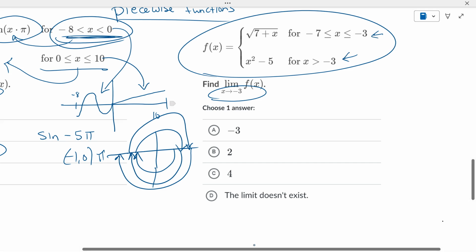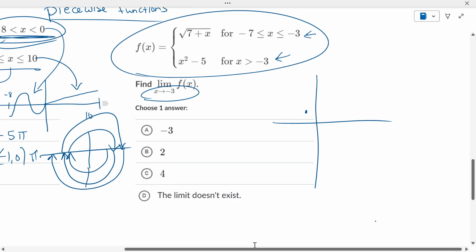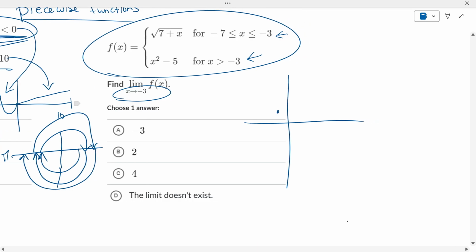Okay? So, from -7 to -3, if we put in a -3 here, we get the square root of 4, which is 2. If we put in -7, it's 0. So this function goes like this. From -7 up to -3, it goes like this. But this is the point we're concerned about.